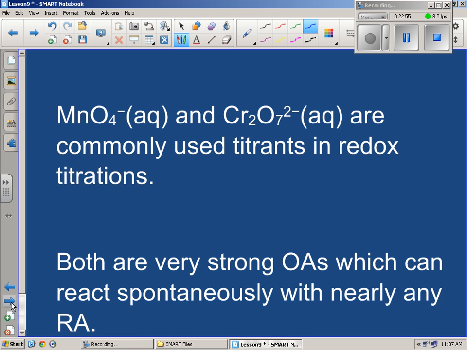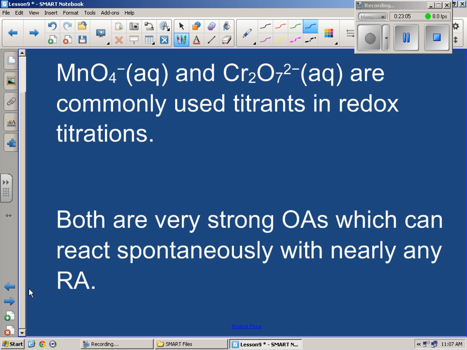So permanganate and dichromate are 2 very commonly used titrants. The reason they're commonly used is because, first of all, they're both very strong OAs. When you look in the top left, if you haven't figured this out already, we've done a few of these with permanganate and dichromate, they're pretty high up there.